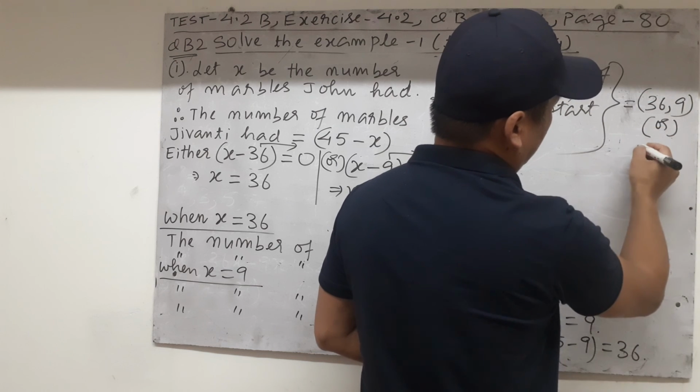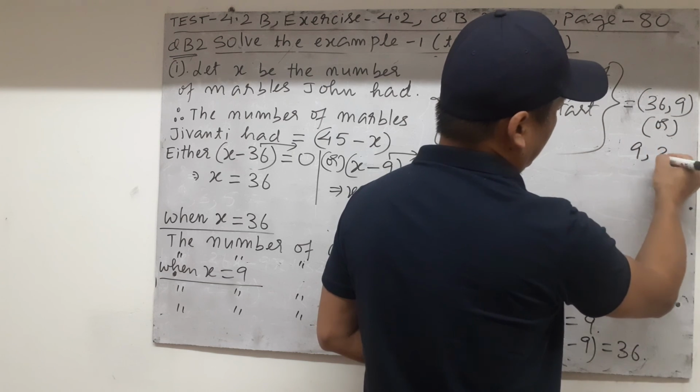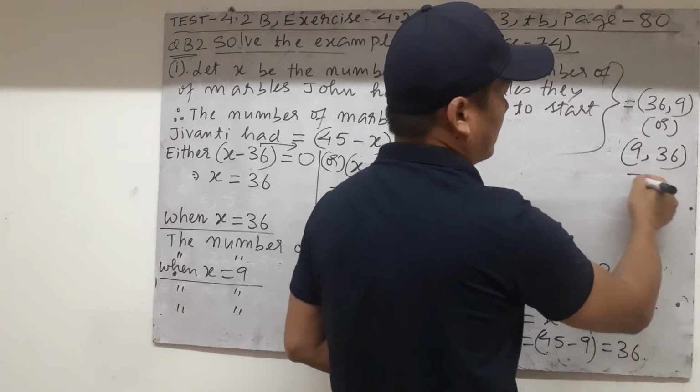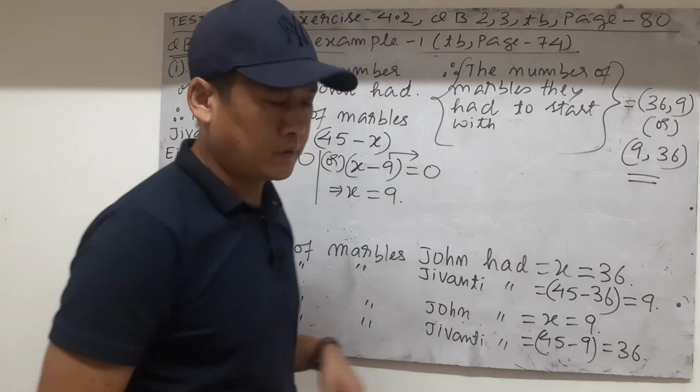Or our second answer can be John had 9, then Givanti had 36. Either this or this, both are correct. But we better show both.